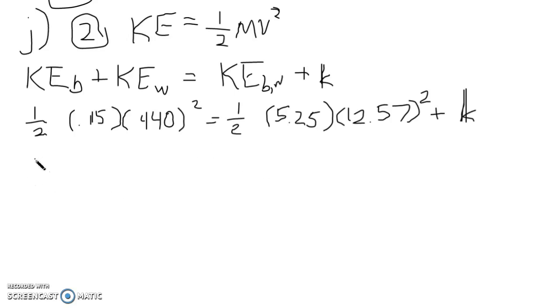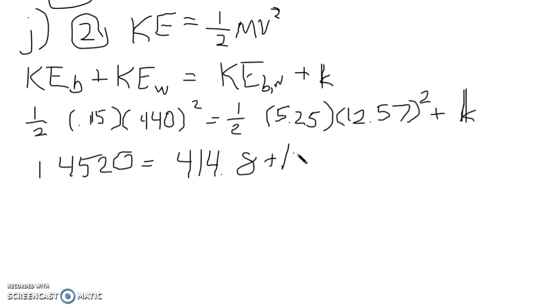But anyway, so you calculate this to be 14,520 equals 414.8 around plus K. So you get that difference to be around 14,105. And that's our answer.